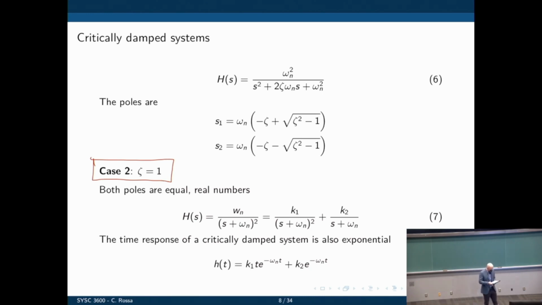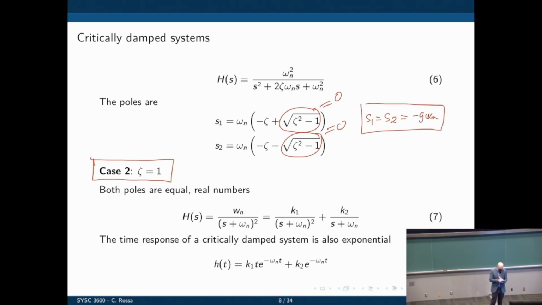When zeta equals 1, this is 0, this is 0. We have S1 equals S2, which is negative zeta omega n. So both poles are equal real numbers. If these poles are both equal real numbers, we can write our function.